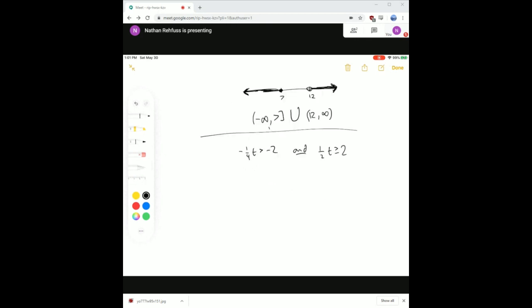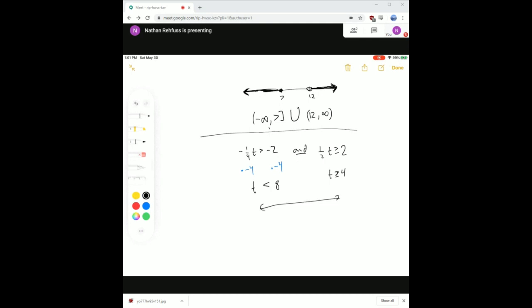I would solve each one separately. On the left side, I'm going to multiply by negative 4, because that's going to get rid of the negative 1/4, right? And that means I have to flip the sign. So on this side, I get t. On this side, I get negative 2 times negative 4 is positive 8. And then the sign flips, like so. Over on the right here, I only have to multiply by 2. So I get t is bigger than or equal to 4. And the sign doesn't flip, because I multiplied by a positive number.